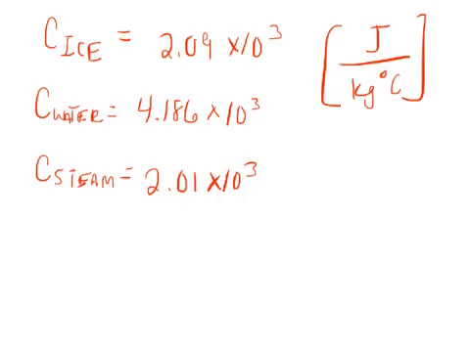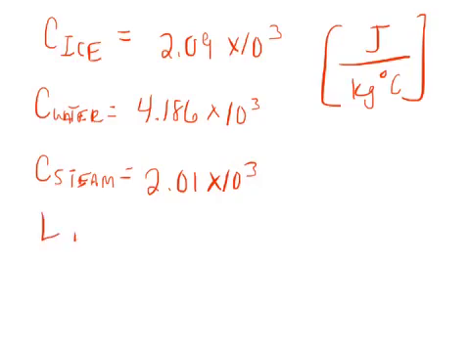Now, we also need to know our latent heat of fusion and our latent heat of vaporization. And this is on a table on page 379, and they list this as water, by the way. It should say H2O for substance, but they always list the liquid form, but we call it water. I would call it H2O, table 10.6.